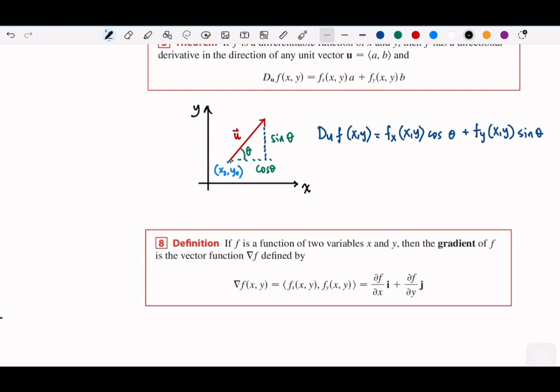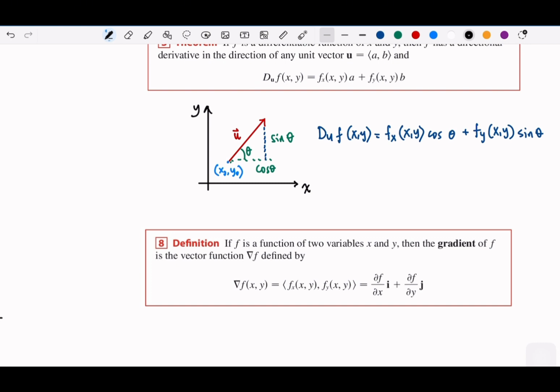The del is actually like an operator in math, the operator for partial derivatives. Depending on how many variables we have, 2 dimensions, 3 dimensions, this del will be based on the variables in our function.